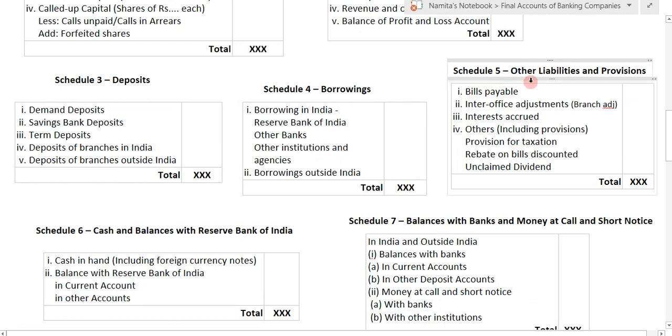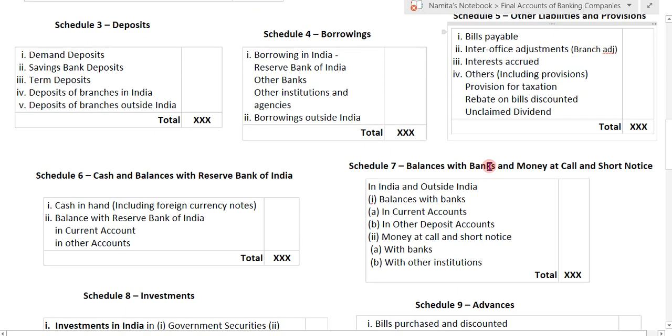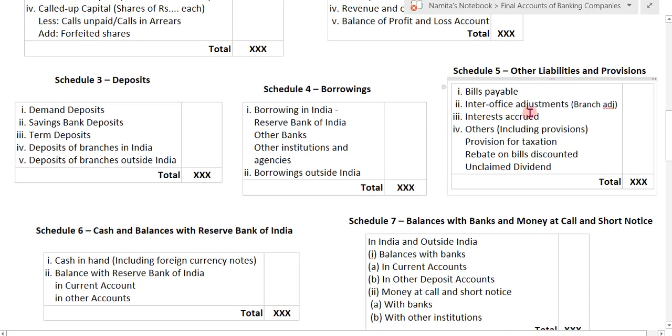So in schedule number 5, in other liabilities and provision, the particulars will be bills payable, inter-office adjustment, interest accrued, others like provisions for taxation, rebate on bills discounted, unclaimed dividend will come under schedule number 5, that is other liabilities and provisions. Now inter-office adjustment means what?